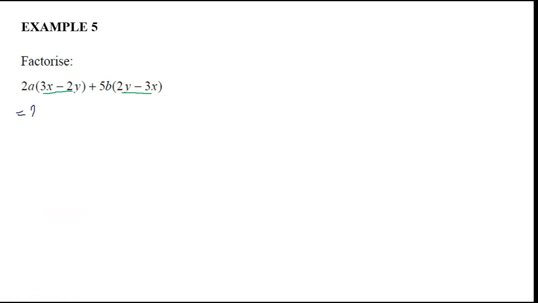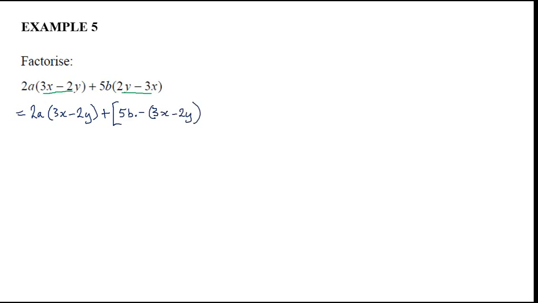Let's just write this as it is, 2a by 3x minus 2y. But now this one we're going to change signs, so I'm just going to put a square bracket so that we know that it's different from the inside bracket. We're going to put a negative outside, so it's going to be 5b times the negative of, remember we said if we put a negative outside, this changes direction, so this becomes 3x minus 2y.